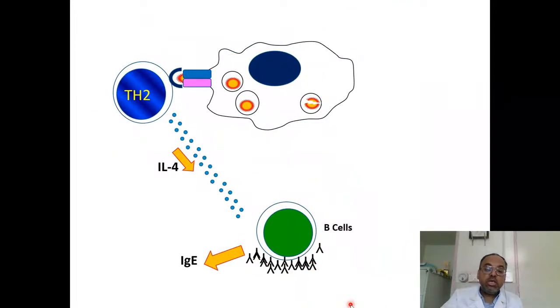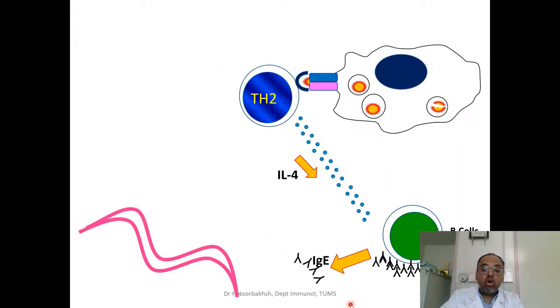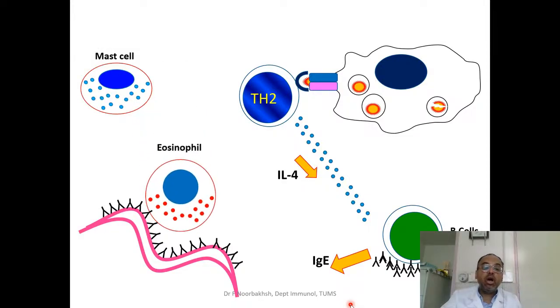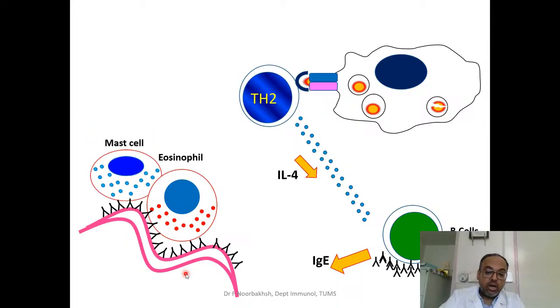And how about IgE? Well, I showed you IgE in previous class. When you have a worm, you want to kill it, you cover the worm with IgE so that eosinophils and mast cells would come, they would bind to the surface of the worm. And again, keep in mind that these pictures are not drawn to scale. Worm is very big. These cells are very, very tiny and small.